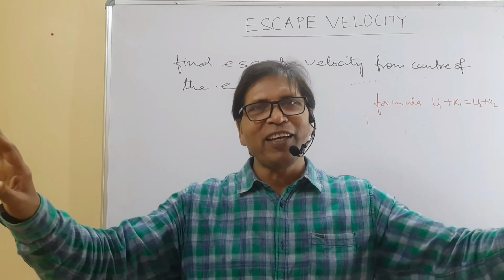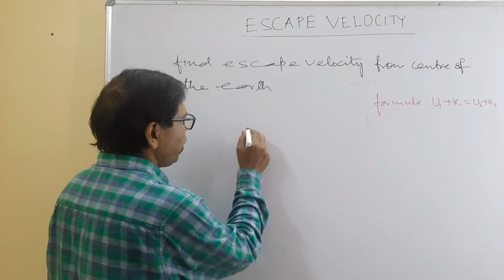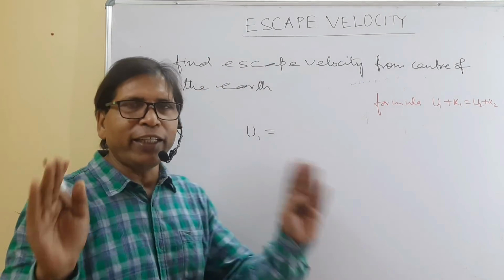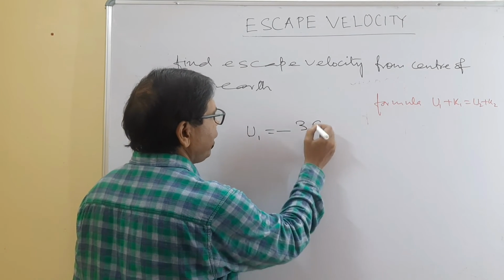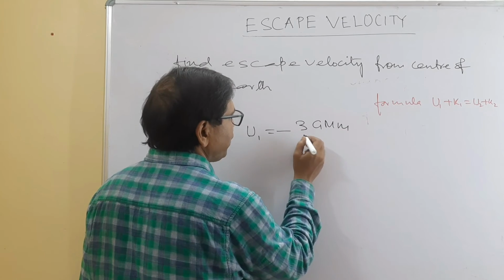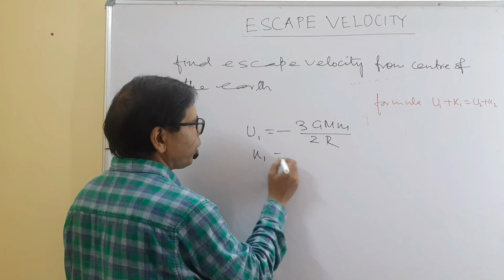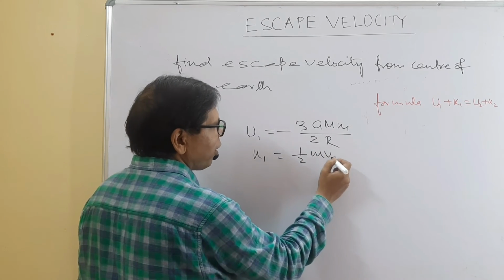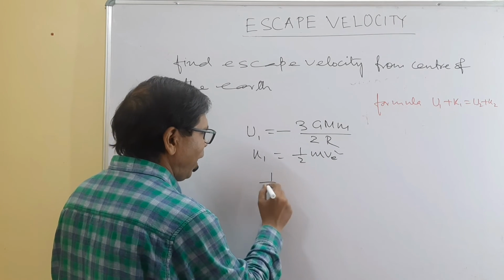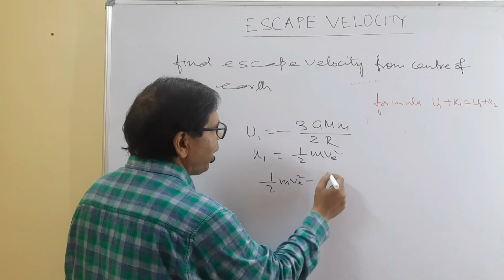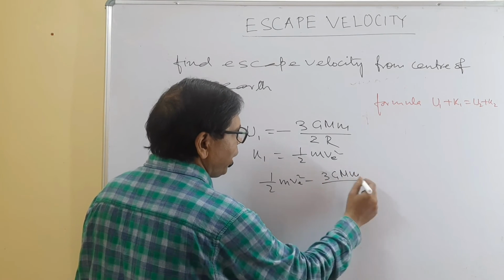Find the escape velocity from the center of the Earth. The formula is the same, U1 plus K1 equals U2 plus K2. Here U1 equals the potential energy at the center of the Earth, which becomes minus 3 capital G capital M small m by 2R.